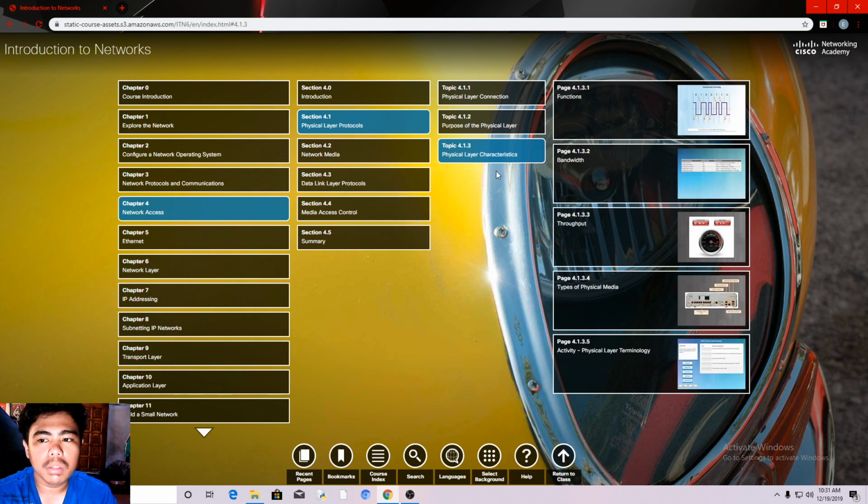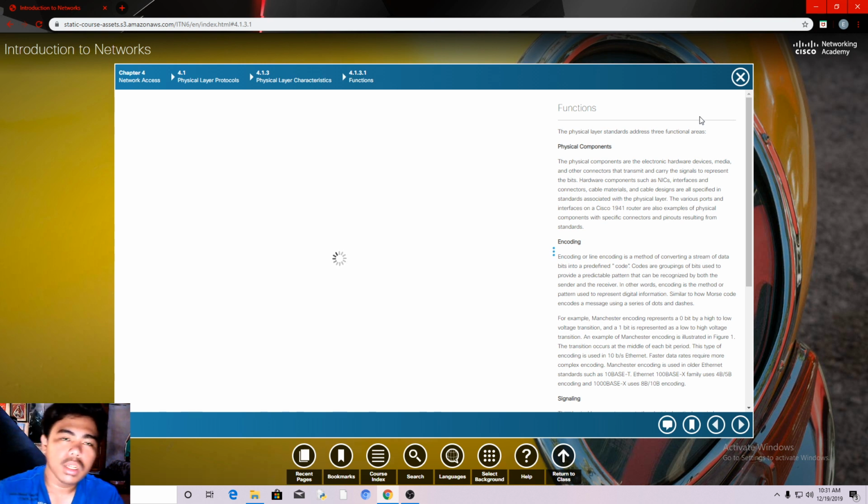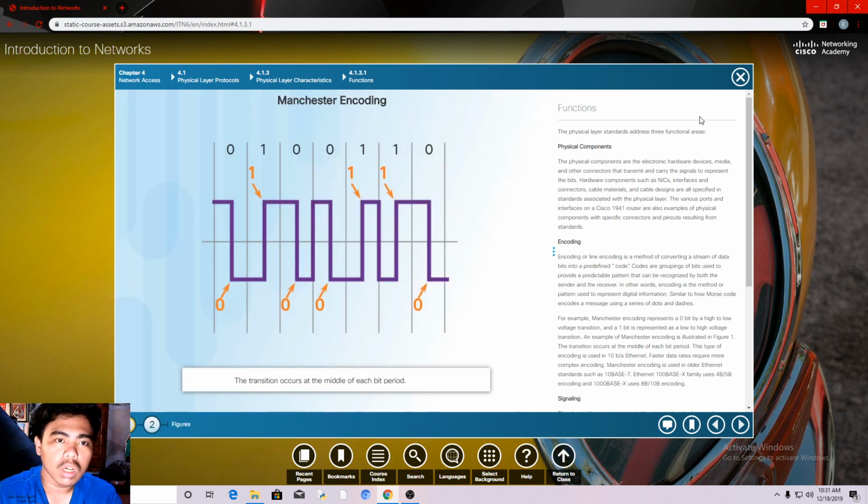Let's go with the physical layer characteristics. Here we have the functions of the signal; the microwave signal is transferred into bits. As you can see, ones are the positives and zeros the negatives.